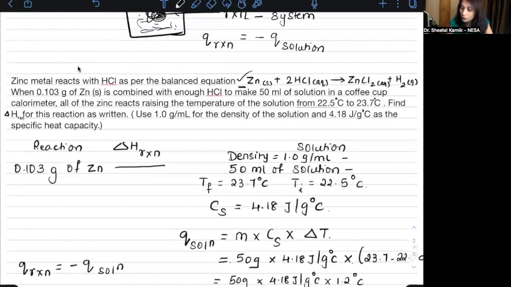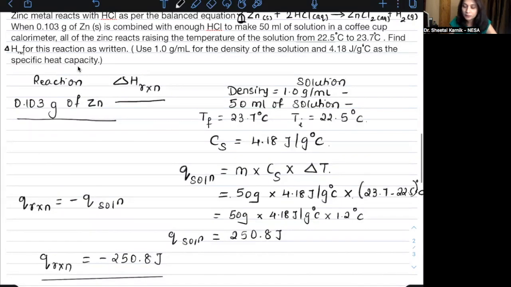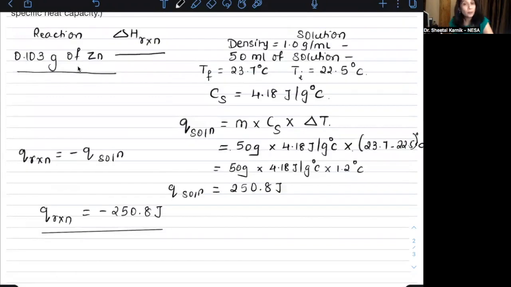The number of moles of zinc is basically given by the stoichiometry of the balanced chemical equation. And I do the calculations for 1 mole of zinc. Now, this Q of the reaction that I'm getting based on this calculation is for 0.103 grams of zinc as given in the question. The question says when 0.103 gram of zinc is combined with HCl, these are the results obtained. So this reaction is about 0.103 grams of zinc, and this is the Q for the reaction.